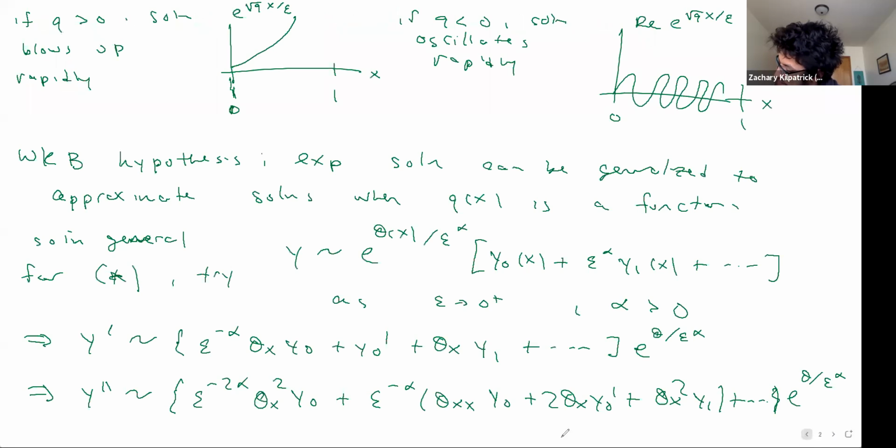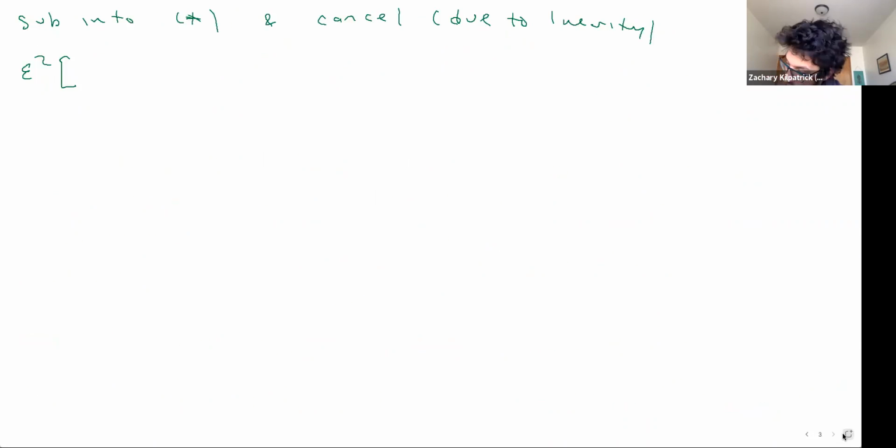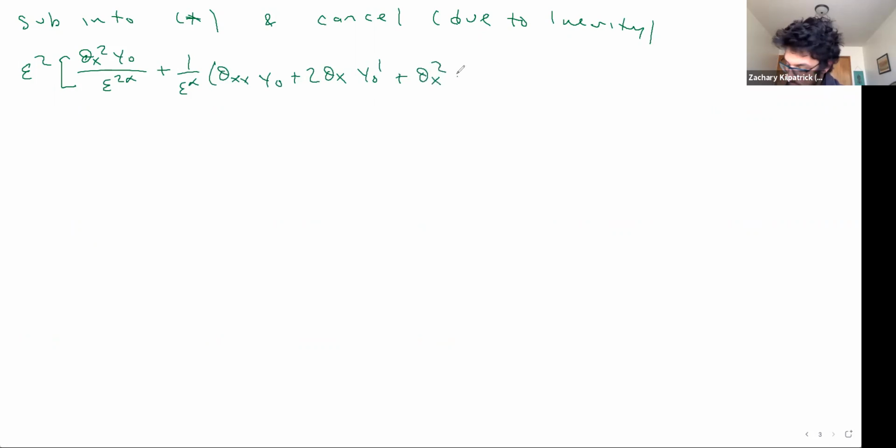I'm just going to write in all of our y prime prime terms here: theta x squared y0 over epsilon to the 2 alpha, plus 1 over epsilon to the alpha times theta xx y0 plus 2 theta x y0 prime plus theta x squared y1, and so on.